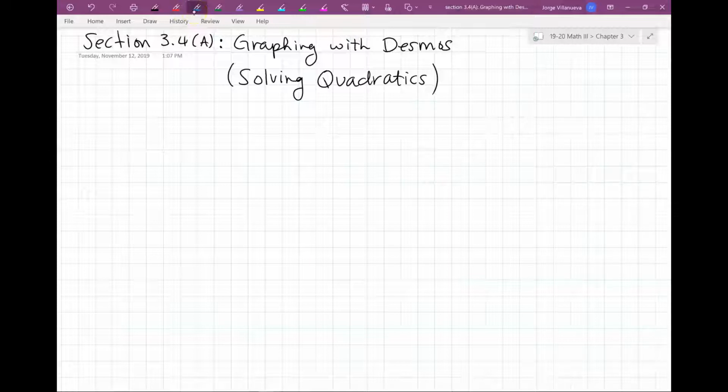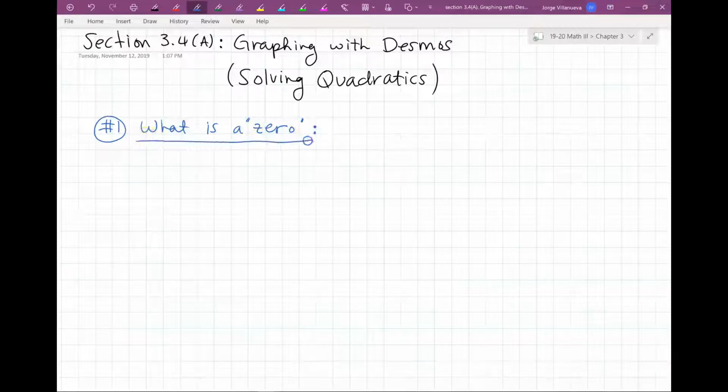So the first question says, explain what a zero is from a quadratic equation. So for number 1, they say, what is a zero? Now, obviously a zero is a number 0, but they're saying in the context of these problems, what is a zero? So here's a definition of it.